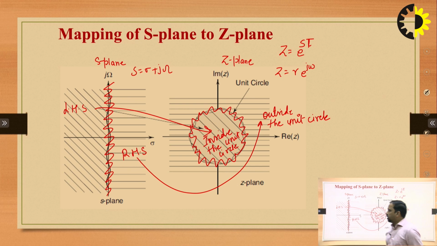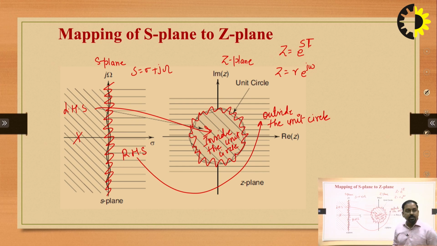That means if the analog filter transfer function has certain poles lying in the left hand side of the S plane, then automatically during the transformation to the Z domain, the digital filter has poles which will definitely lie inside the unit circle. That means a stable analog filter definitely results in a stable digital filter.